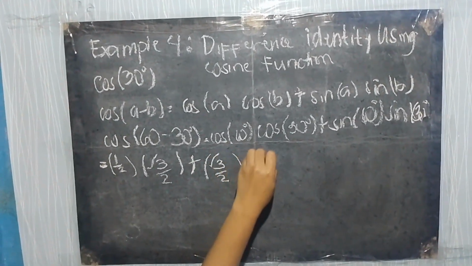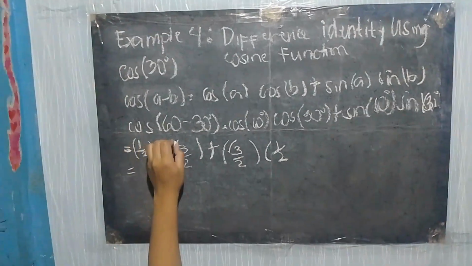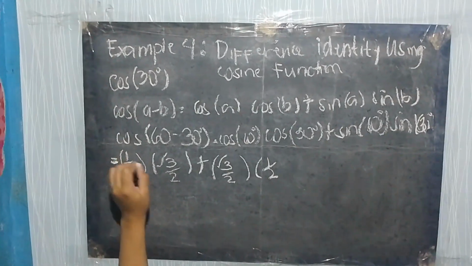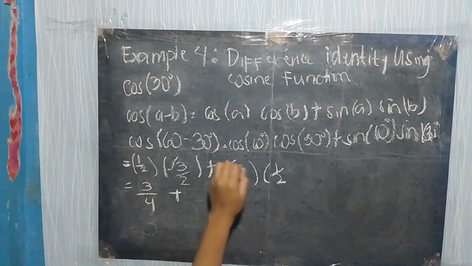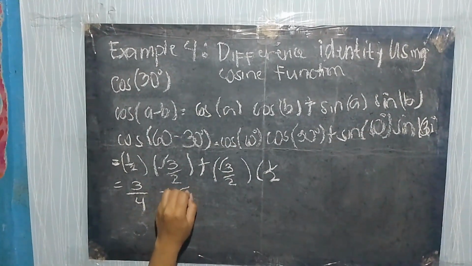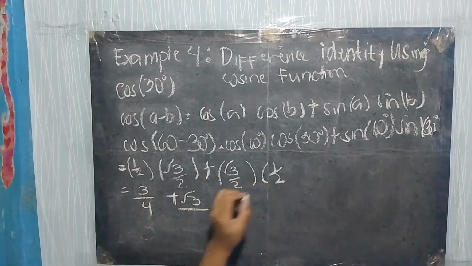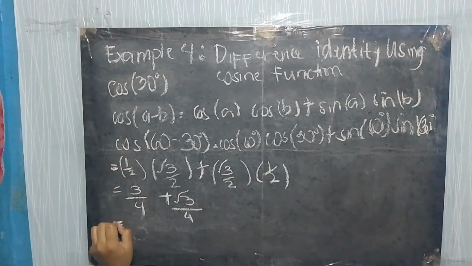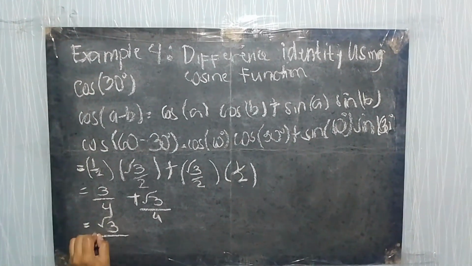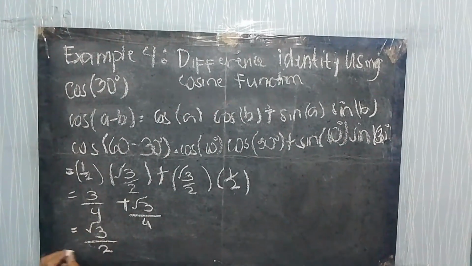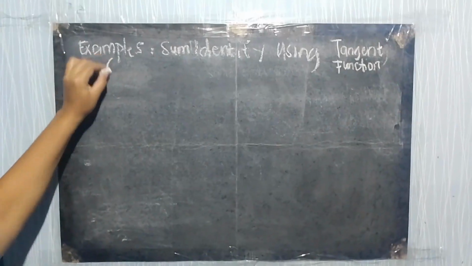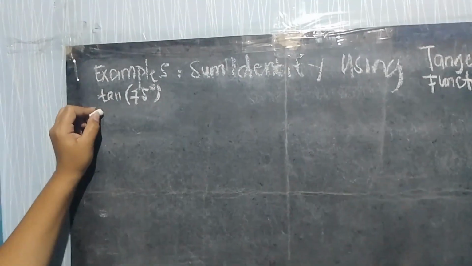So 1 times square root of 3 is equal to square root of 3, 2 times 2 is equal to 4, plus square root of 3 times 1 is equal to square root of 3, 2 times 2 is equal to 4. So square root of 3 over 4 plus square root of 3 over 4 is equal to square root of 3 over 2.